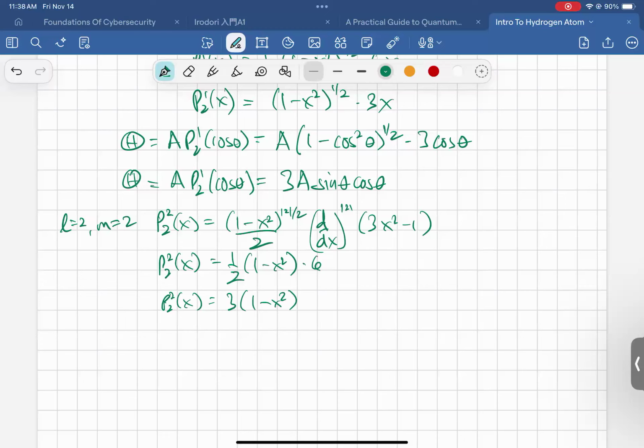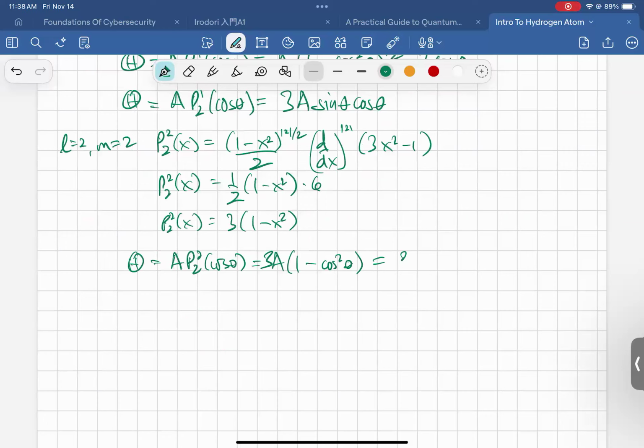And then yung solution nito ngayon, in terms of theta, is P22 cosine theta, so 3A times 1 minus cosine squared theta, or 3A sine squared theta. So yan ang solution for this step.